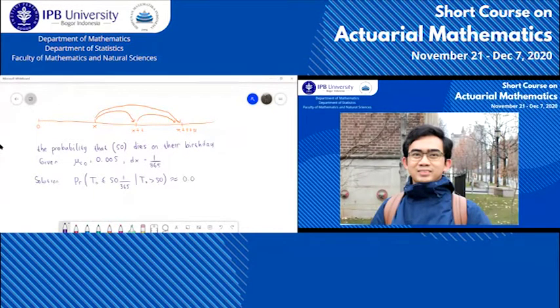So 0.005 times 1 by 365, which is 0.0000137, or about 7 in 500,000. We know that the PDF is not a probability, but we can use the PDF times dx as the approximation of a probability, and we can use the force of mortality times dx as an approximation of the probability as well.